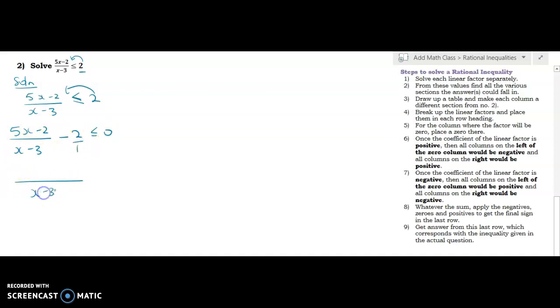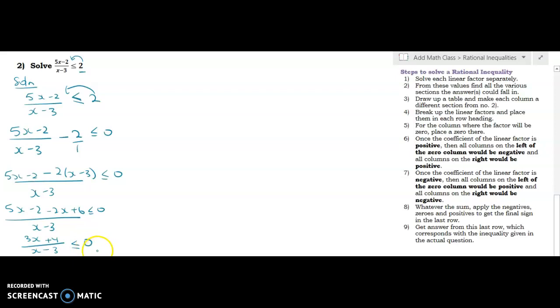LCM is x minus 3, x minus 3 into x minus 3 is 1, 5x minus 2 by 1 will give me back that, and then 1 into x minus 3 is x minus 3, minus 2 by that will give me this. So now simplifying here, I get this. And then simplifying again, I get 3x plus 4 over x minus 3 is less than or equal to 0.